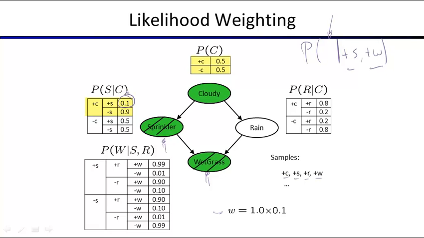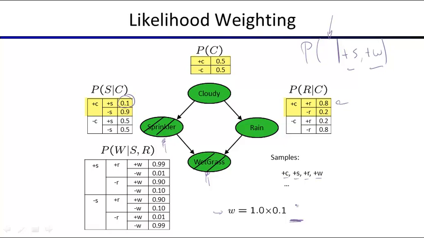Next, we go to R. Parent variable C has the value plus C, so we have this table over here. R is not an evidence variable, so we just sample it, and happen to get plus R. No action here, because we sampled it, so we don't need to adjust for weighting. It was done through the sampling procedure.